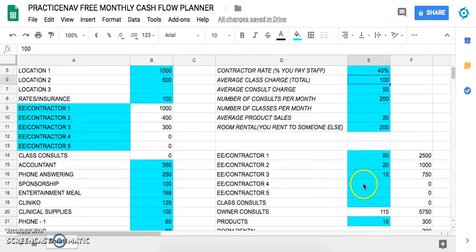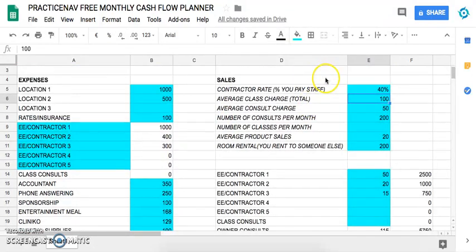Whatever you put in here, that's the figure. Now if you pay your second employee or contractor a set wage of 3,000 a month, that will go in there, but you'll have to remember to adjust it here as in 3,000. So it's simple little maths that you need to do with this.